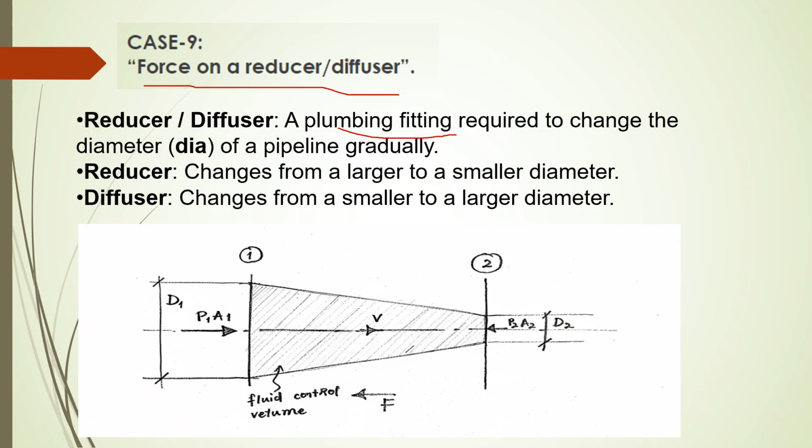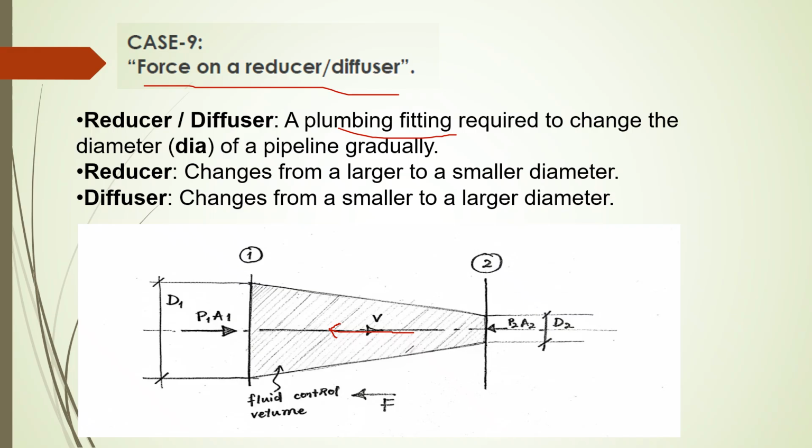If the direction of flow is opposite, the same plumbing fitting will be called a diffuser, since it takes the liquid within the pipe from the smaller diameter to the larger. So the same pipe fitting, depending upon the direction of the flow, can be defined as a reducer or diffuser.